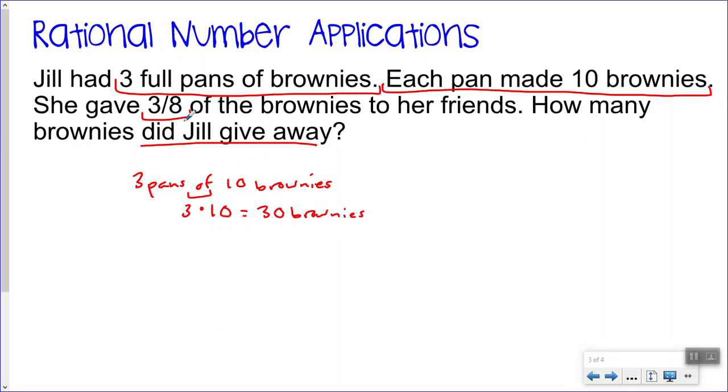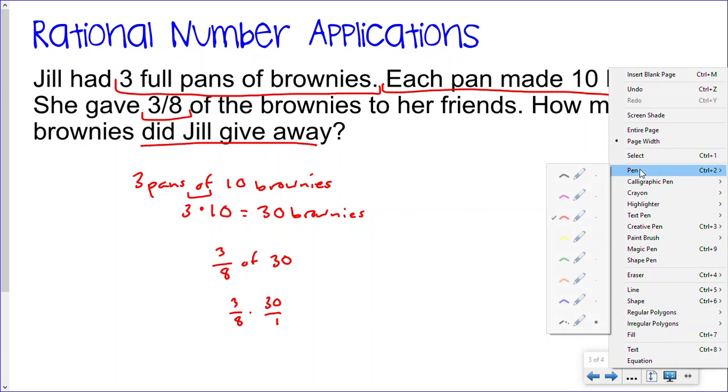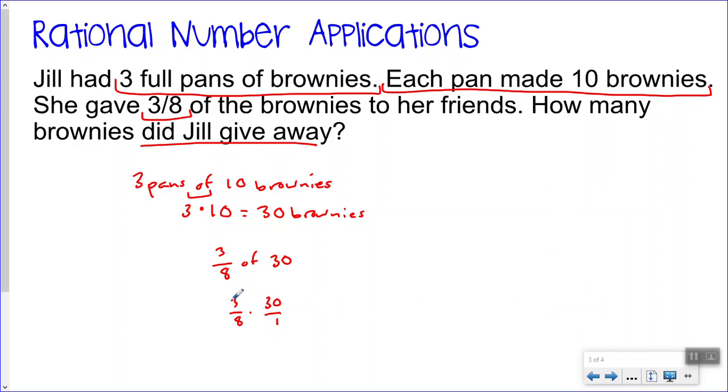But then she gave 3/8 of them to her friends. So we're going to take 3/8 of 30, and we're going to multiply. So we have 3/8 times 30 over 1. And now I look for things that I can cross reduce along the diagonals. So 3 and 1 don't have any common factors. We can't reduce here. But 8 and 30 are both even.